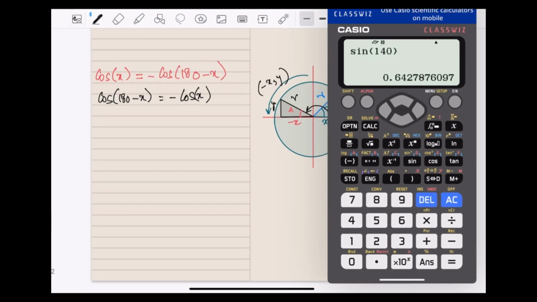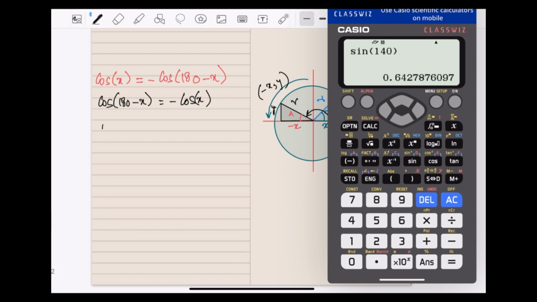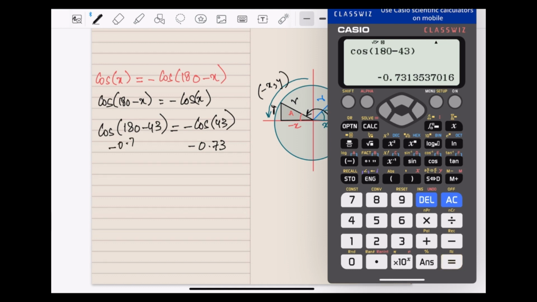We can try to look at it. So let's say cos of 43. So if I take x as 43, cos of 43 should be equal to negative cos of 180 minus 43. So if I take that out, cos of 43 turns out to be 0.73, and cos of 180 minus 43 gives you negative 0.73.